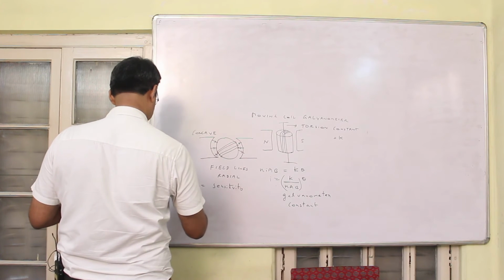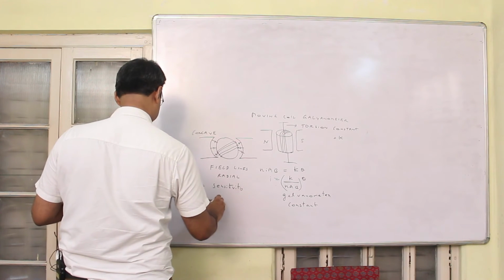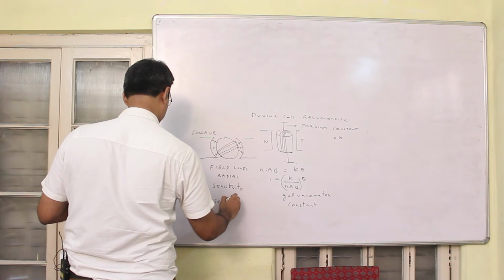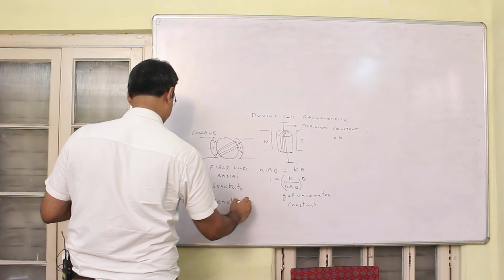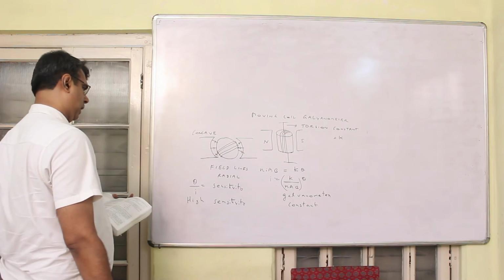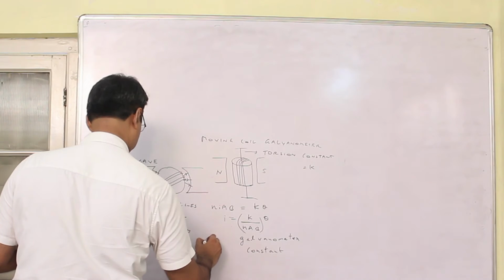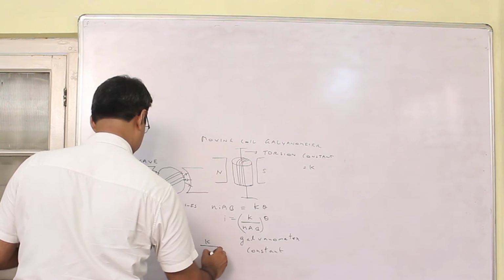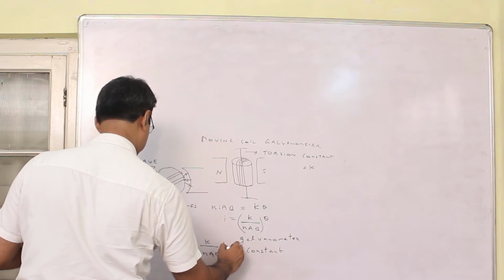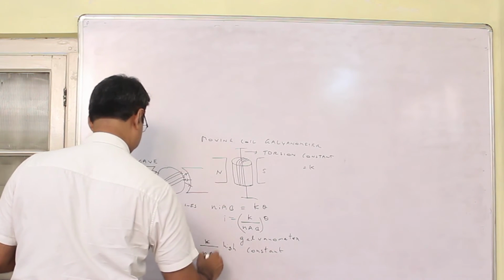So suppose we want high sensitivity. For high sensitivity, K divided by NAB should be high.